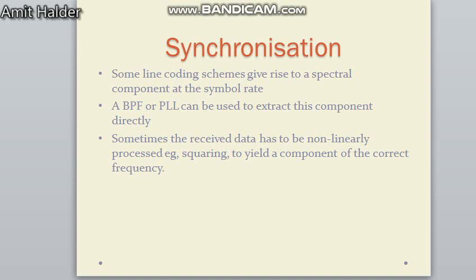A band pass filter has an upper frequency and a lower frequency, and whenever you get data within that frequency range, you extract it. So that is the decision part: which data you will collect, which you will detect. The phase locked loop is similar, but it depends on the phase. Whenever there is a 180 degree shift, it is positive or negative, and you get the answer right there.